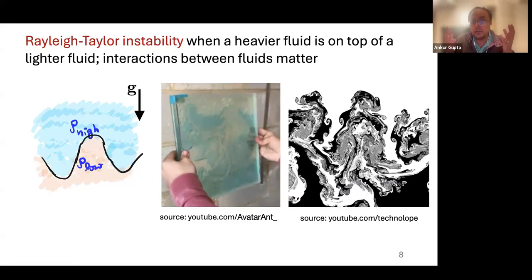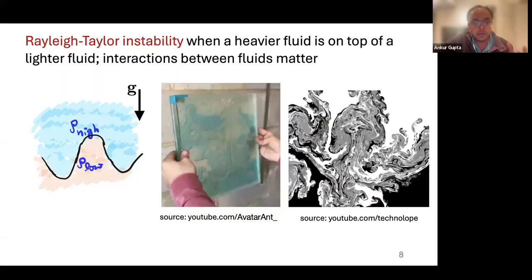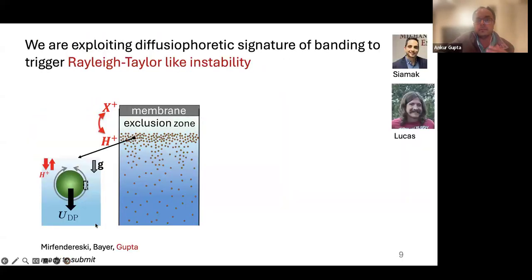So what does this have to do with diffusiophoresis? We thought about an idea inspired by prior work in this area: we will use a membrane to create diffusiophoresis and then use the diffusiophoresis to trigger this instability. So what's the idea? Think of a very simple thin channel, a Hele-Shaw channel. Imagine we filled it with water and sodium hydroxide or sodium chloride, and we suspended polystyrene particles uniformly through it.